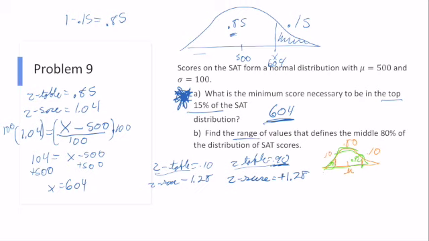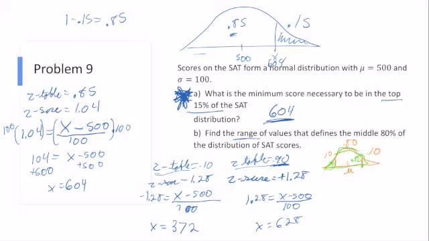I have negative 1.28 equals our x value, which we're trying to find, minus our mean over our standard deviation, which is 100. I find that x equals 372. I do the same thing over here. I've got 1.28 equals x minus 500 over 100. I solve this and I get x equals 628.